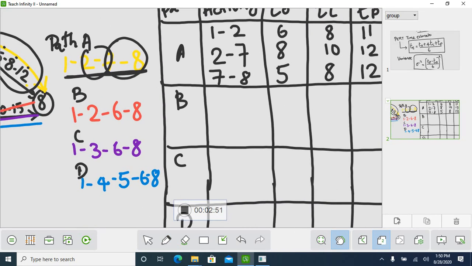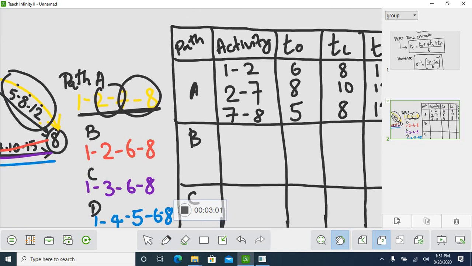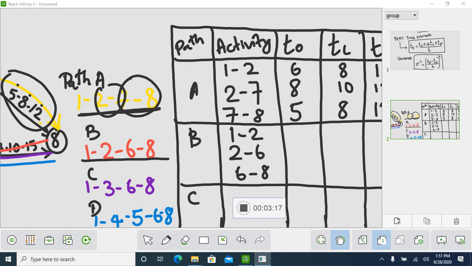So the next path is 1 to 2. How will you write the activities for path B? For path B, the activities are 1 to 2, 2 to 6, 6 to 8. Write it down. For each activity, what are the optimistic, most likely and pessimistic times?